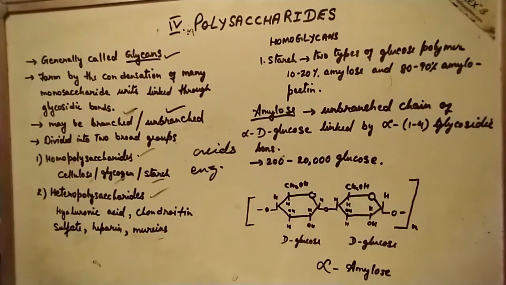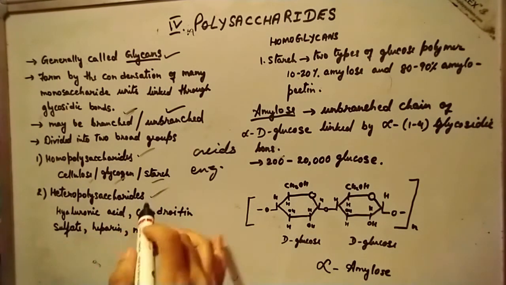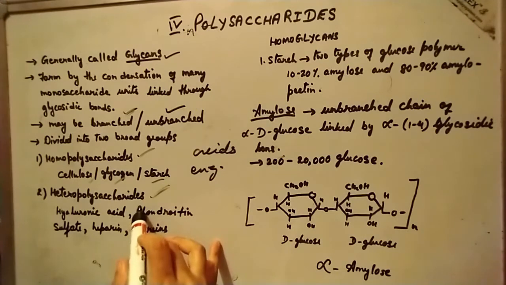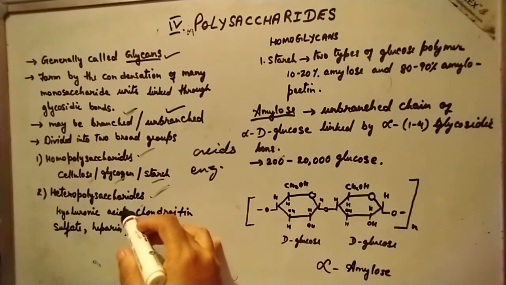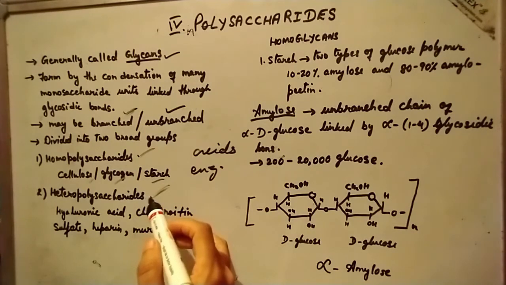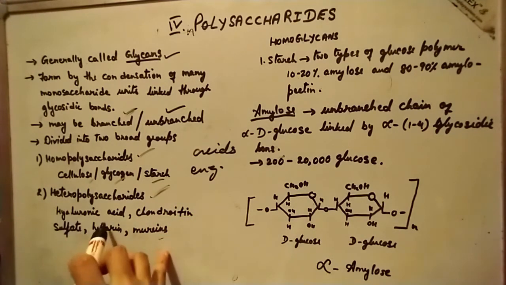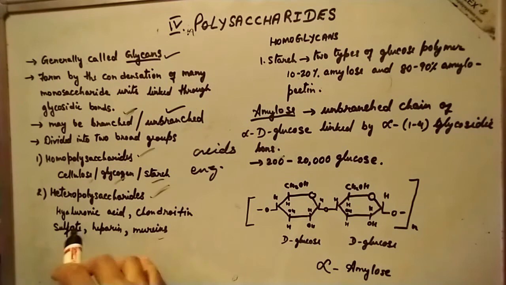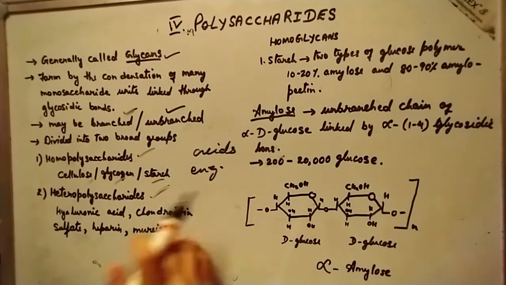In the case of heteropolysaccharides, upon hydrolysis, they yield two or more different types of monomeric units. Examples are hyaluronic acid, chondroitin sulfate, heparin, and murines. So these are some examples of heteropolysaccharides.